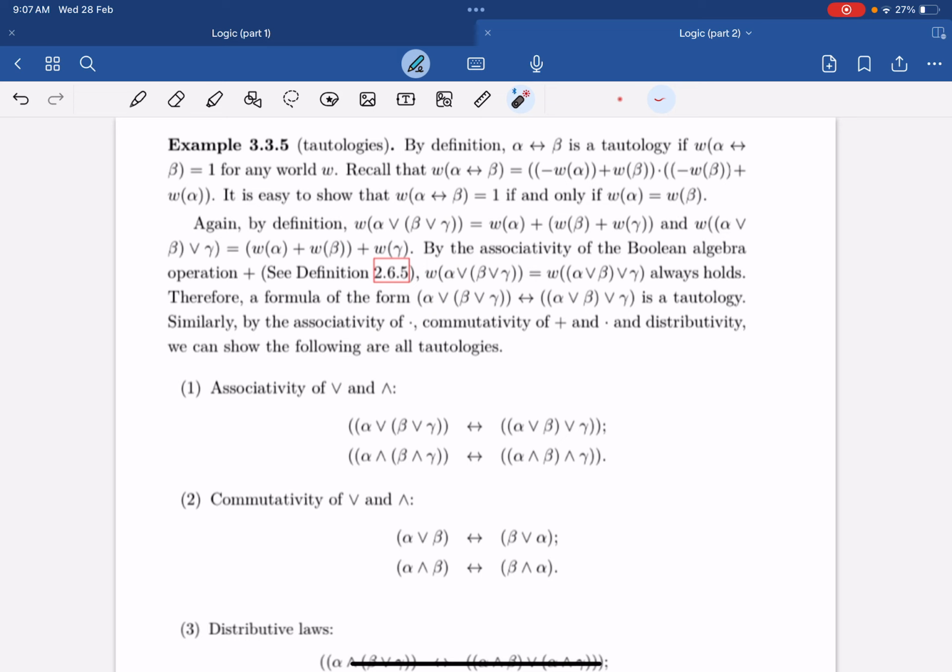And by definition, if you have a series of disjunctions, then you can actually add them up normally. So associative laws apply, distributive laws apply, commutative as well.